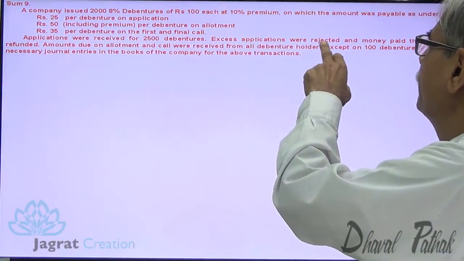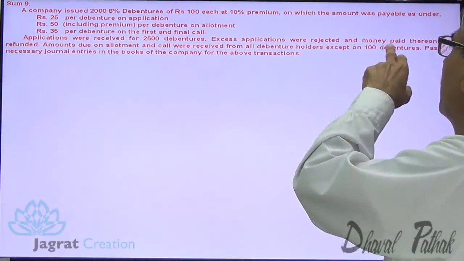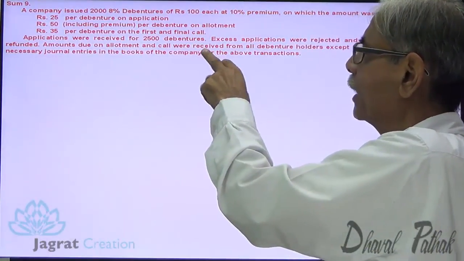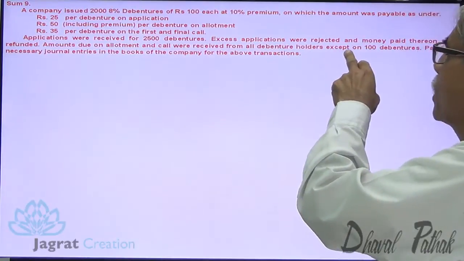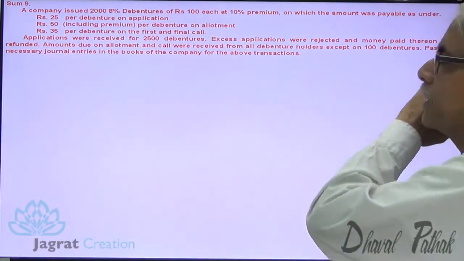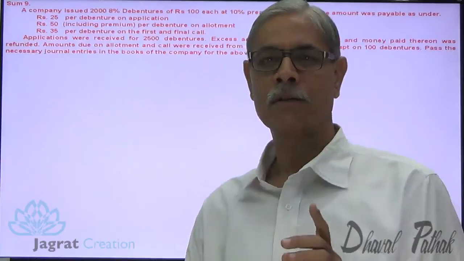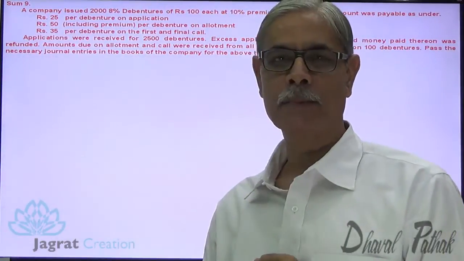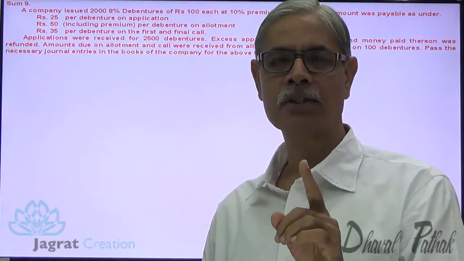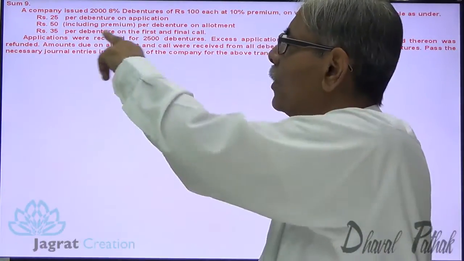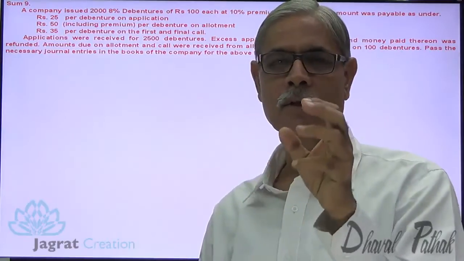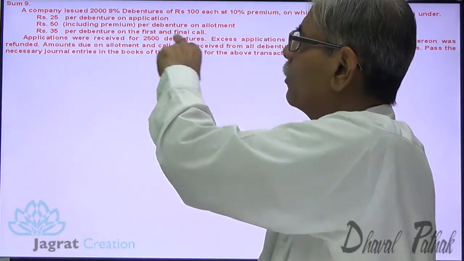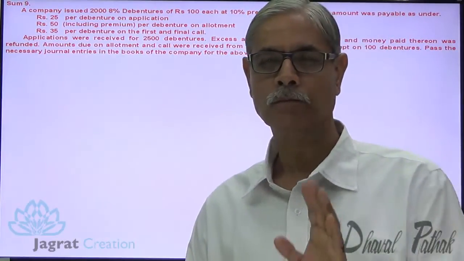Excess application money, where excess applications were rejected and money paid thereon was refunded. Amount due on allotment and calls were received from all debenture holders except 100 debentures. So we have not received on 100 debentures the amount demanded with allotment, which is 50, and on 100 debentures we have not received the first and final call, that is 35 demanded with first and final call.